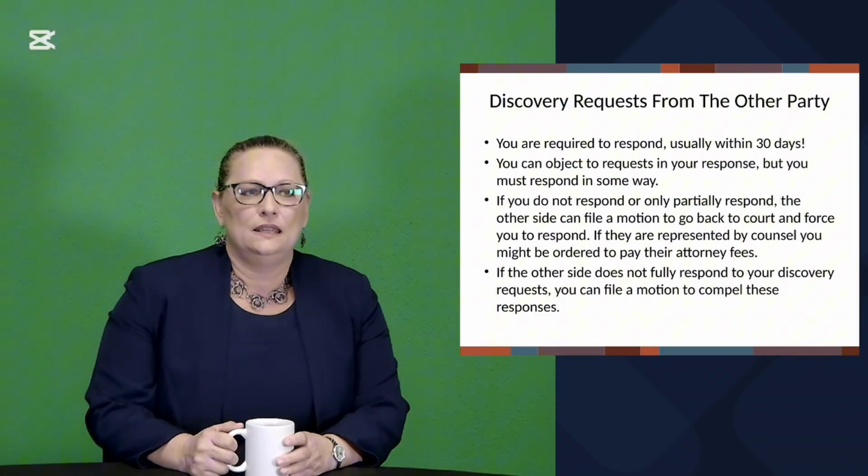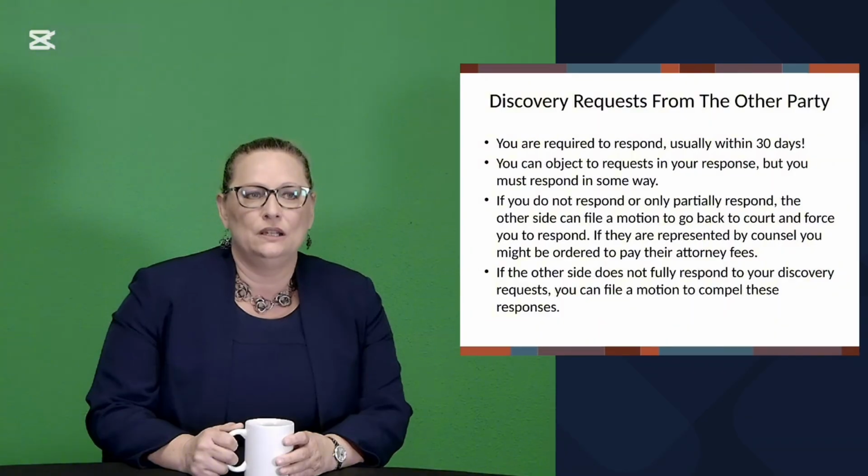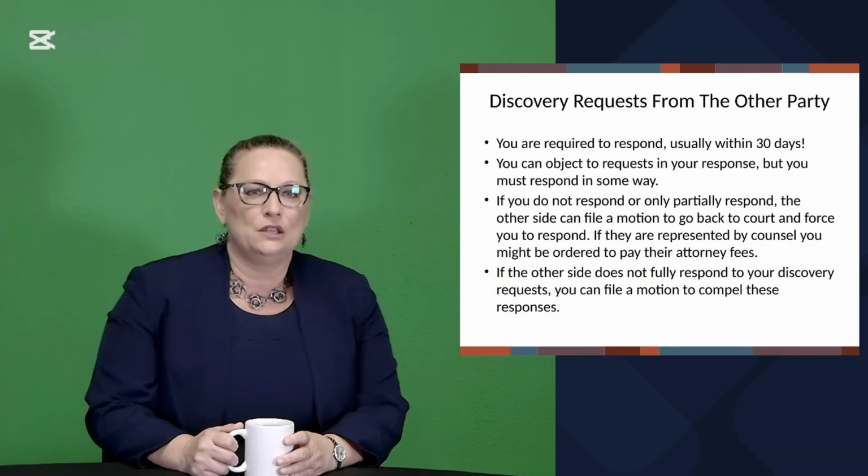If the other side doesn't respond to your discovery requests, the process after the non-response or the insufficient response is that you file a motion to compel discovery. And so that gets filed, it gets heard by a discovery commissioner, not the judge who's hearing your case. And the discovery commissioner then can make orders such as requiring the other side to provide the documents or information within a certain time period.